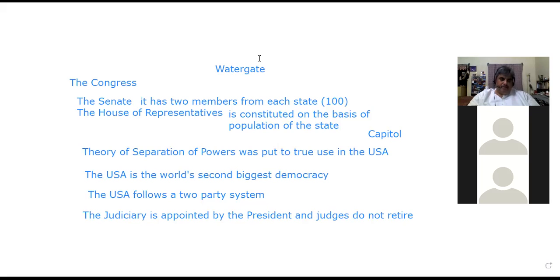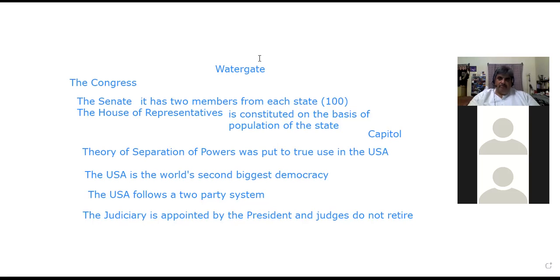So if the USA is the world's second biggest democracy, and the US president has many times been called the world's most powerful individual. Okay, that he may be. But please remember that he is not directly elected by the people of the United States of America.